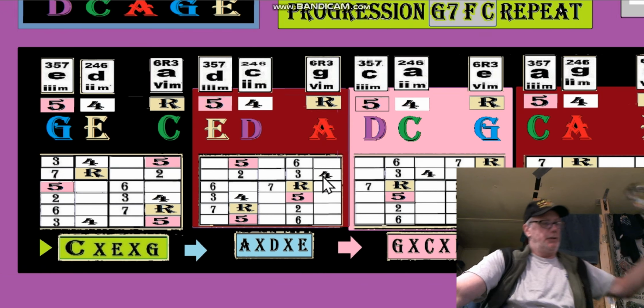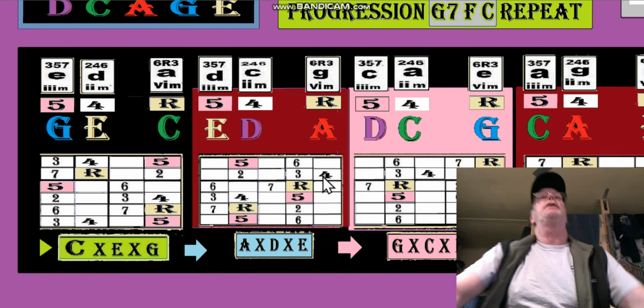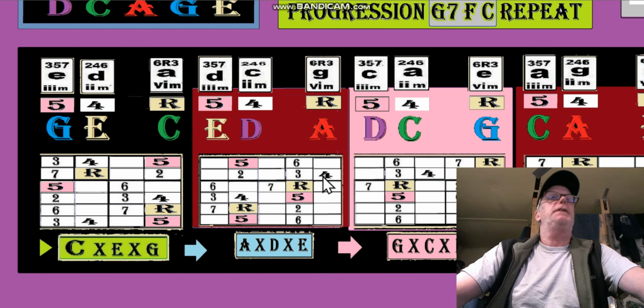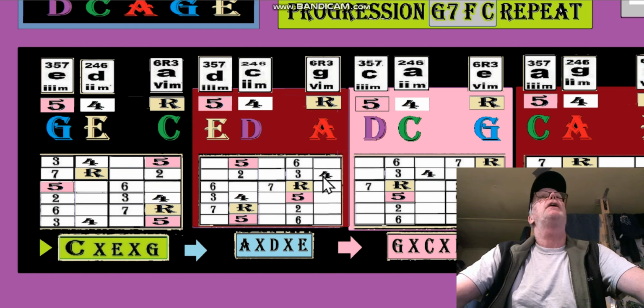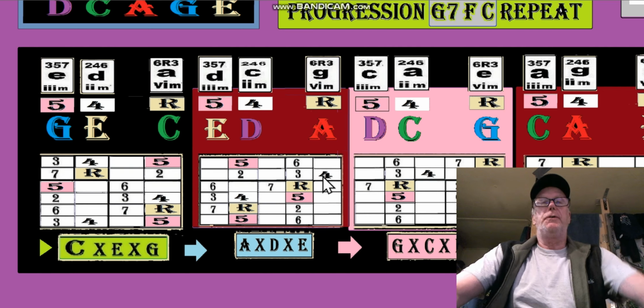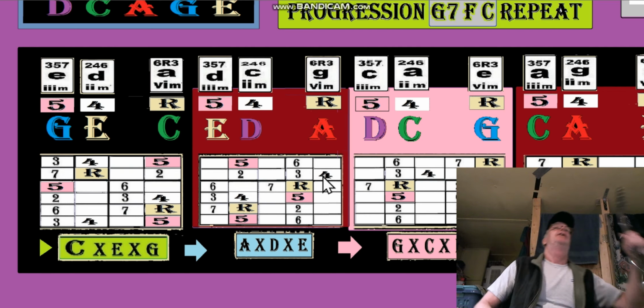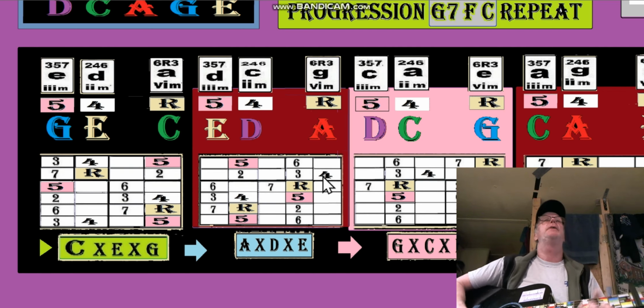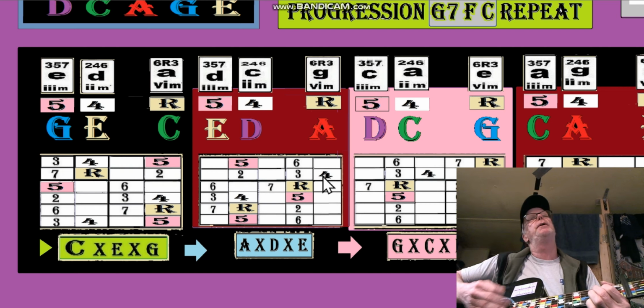Now, I'm not going to try and go into how we do the pentatonics. We did that a little bit before last time. How we're going to do the pentatonics on that scale and how they would connect. So say you get the thing going.